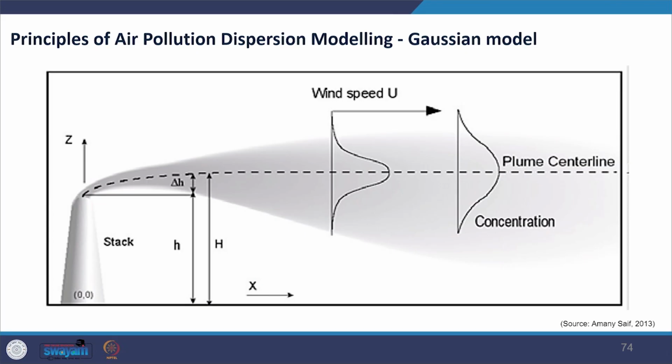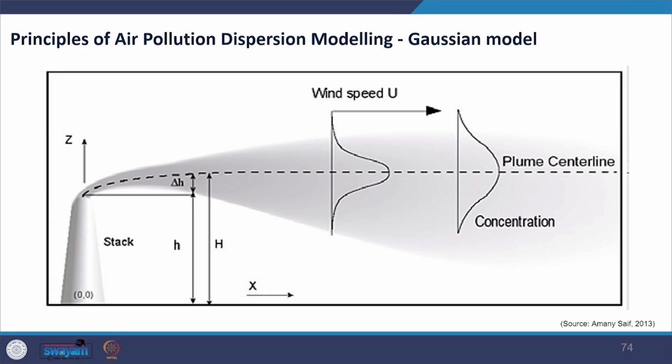So it goes in the wind direction. It spreads in such a way that the pollution concentration decreases as the distance increases, both in vertical distance and in horizontal distance. So mostly the average shape of the plume is cone shaped. You might see the plume changing shapes, but on average the shape is cone shaped.